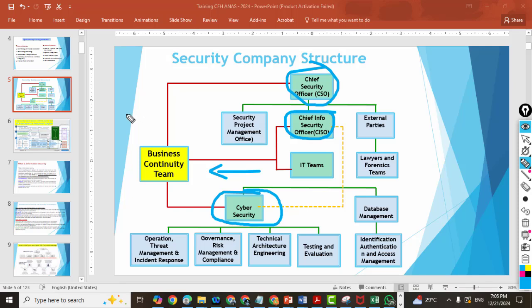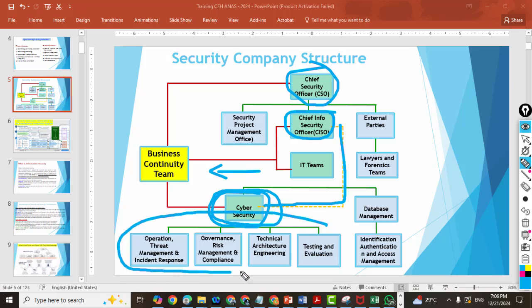continuity. So one of those main entities, like the chief information security officer, can also be managing other cybersecurity teams, and it has different security areas. Those security areas are a part of the SOC, which is the Security Operation Center.